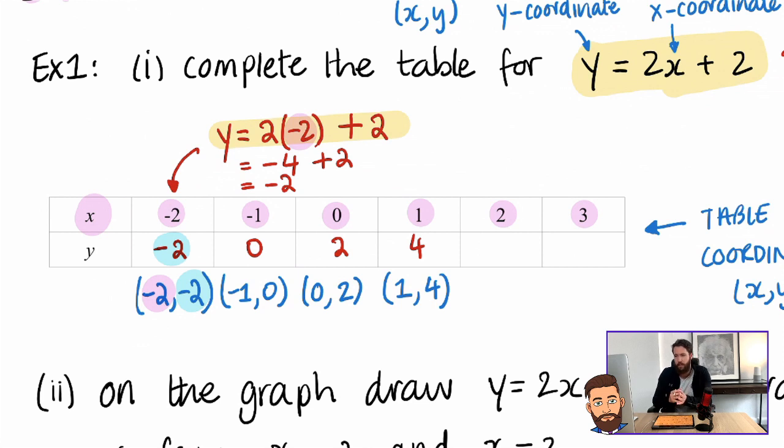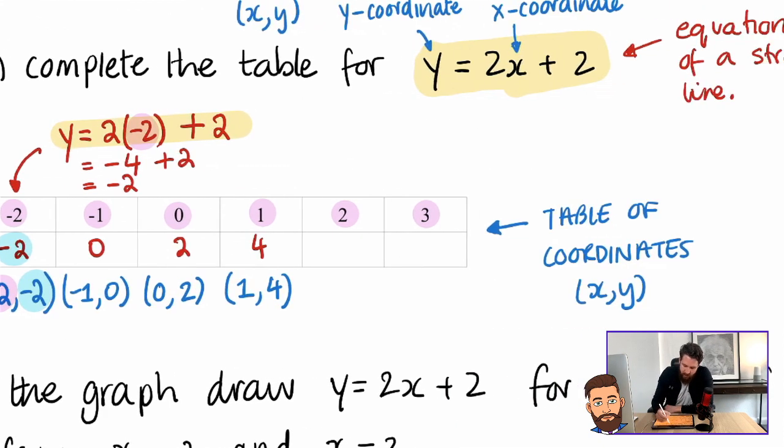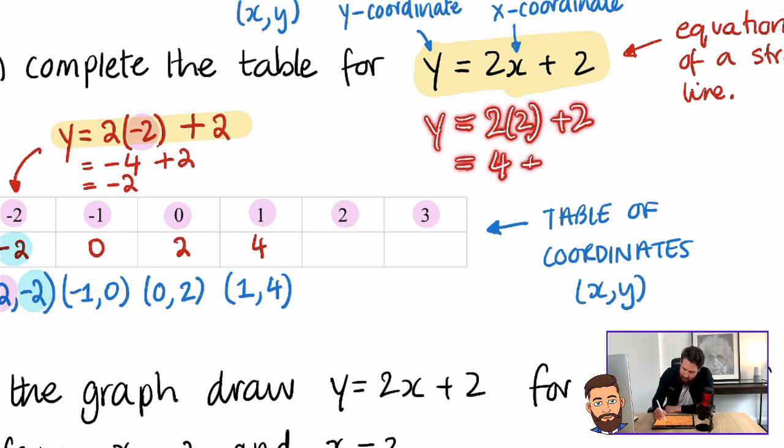What's really nice about this is we can link it to the sequences stuff that we've seen in previous lessons. But we'll continue anyway, just so you can see where they all come from. When x is 2, well, what would that say? That says y equals 2 lots of 2, because x is 2, plus 2. 2 lots of 2 is 4, plus 2 is 6.